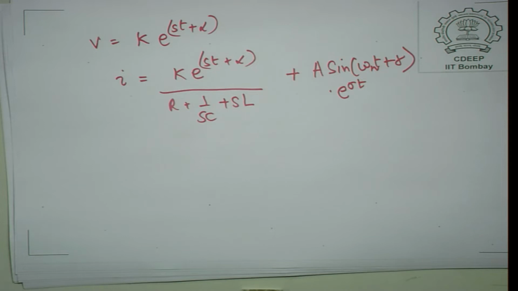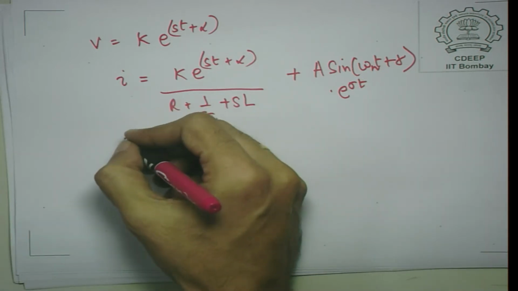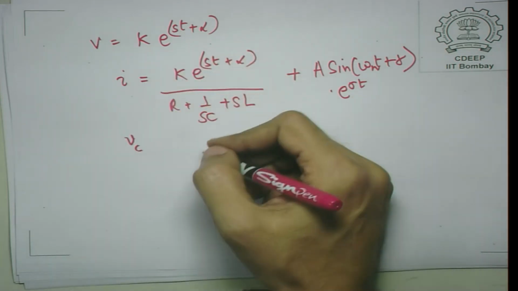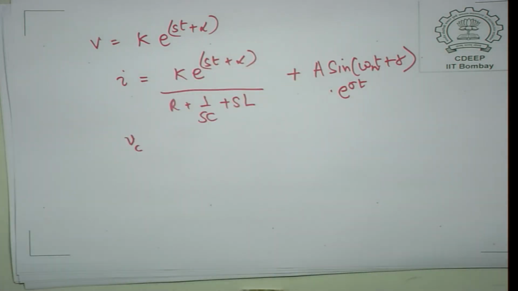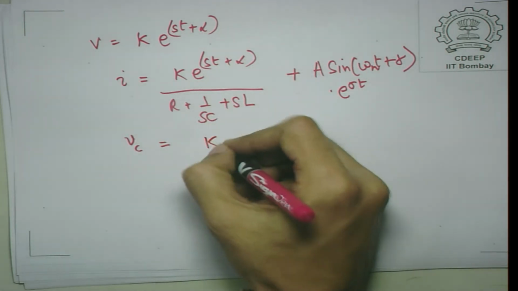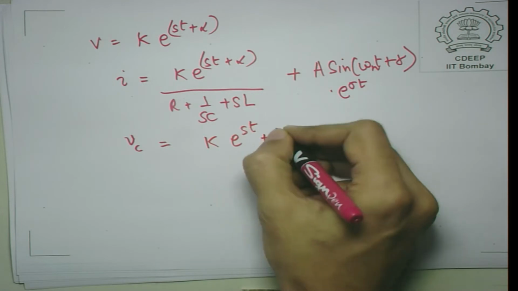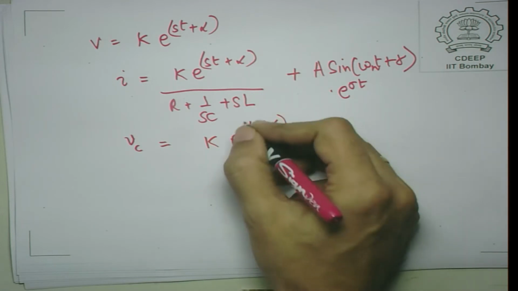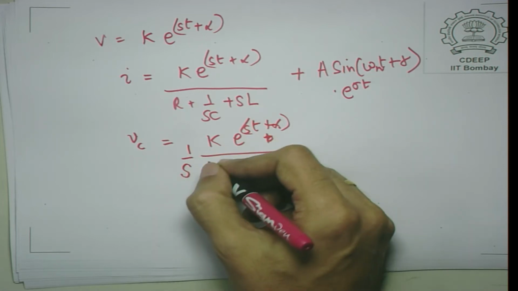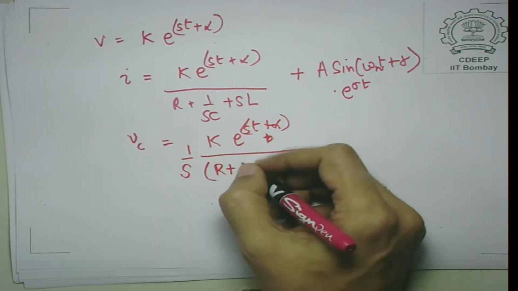Of course, if you want to get the response of V c, it will be the integration of this. So, what you will actually get is the response of this will be 1 upon s of this. So, we will get the forced response, you can just verify this, I am not proving here, is nothing but 1 over s into r plus 1 over s c.